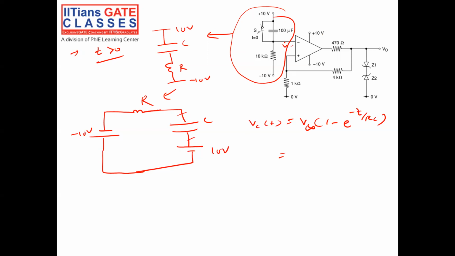Suppose this we take positive. VC will be 20 because when it is open, the voltage here is minus 10, again minus 10.